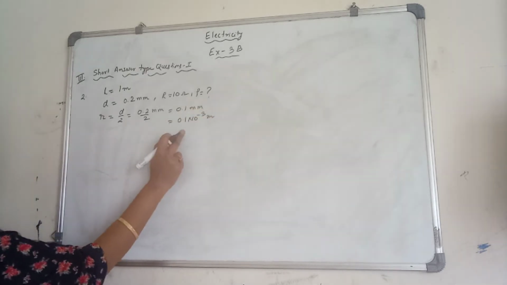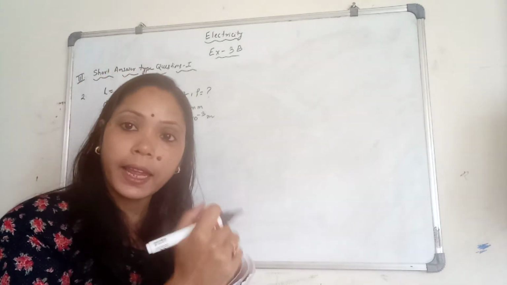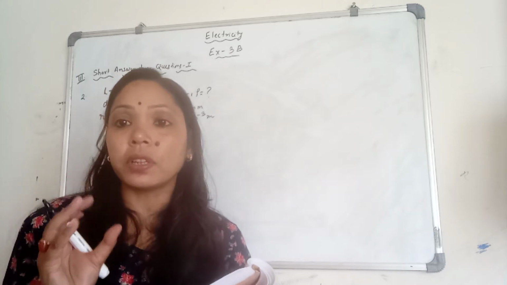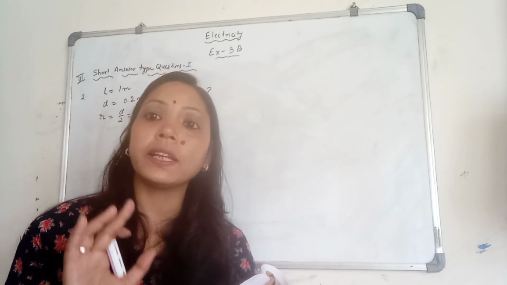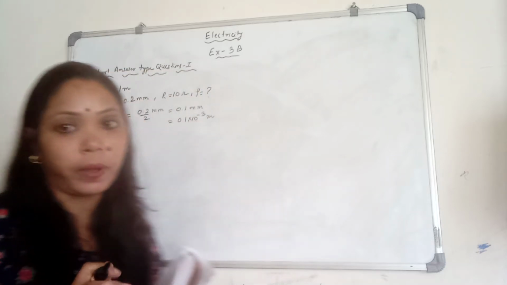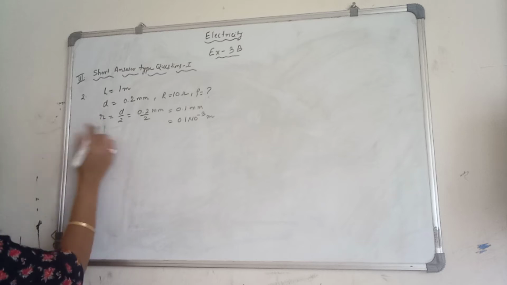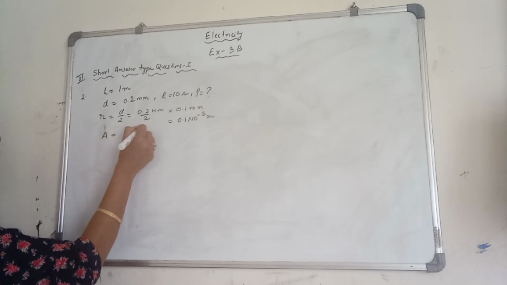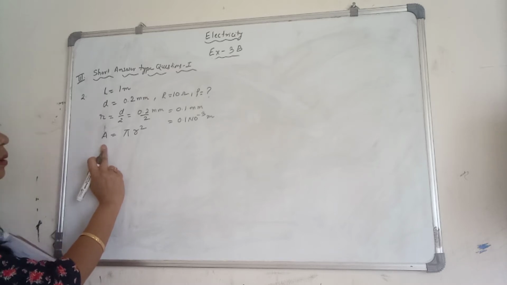So r we got, and since we know that rho is equal to Ra by L, we need a cross-sectional area. Cross-section means the circular part, that is equal to pi r square. Always remember, cross-section means circular part.